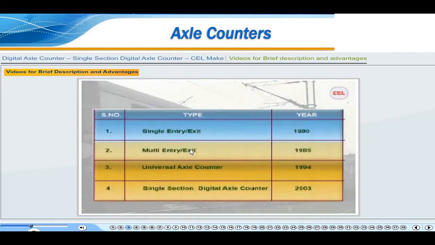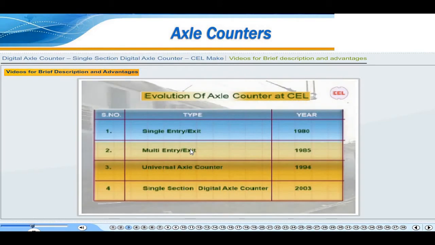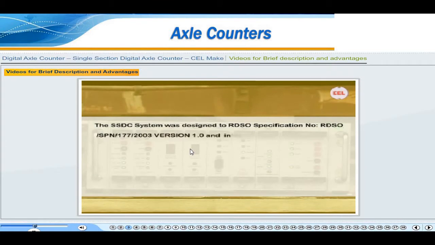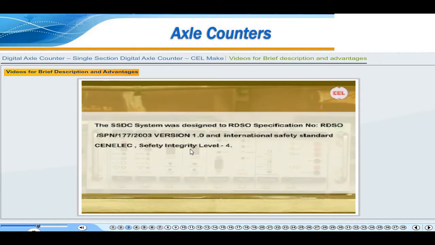CEL and RDSO have jointly developed a single-section digital axle counter using a microcontroller. The SSDAC system was designed to RDSO specification number RDSO/SPN/177/2003 version 1 and International Safety Standard CENELEC Safety Integrity Level 4.